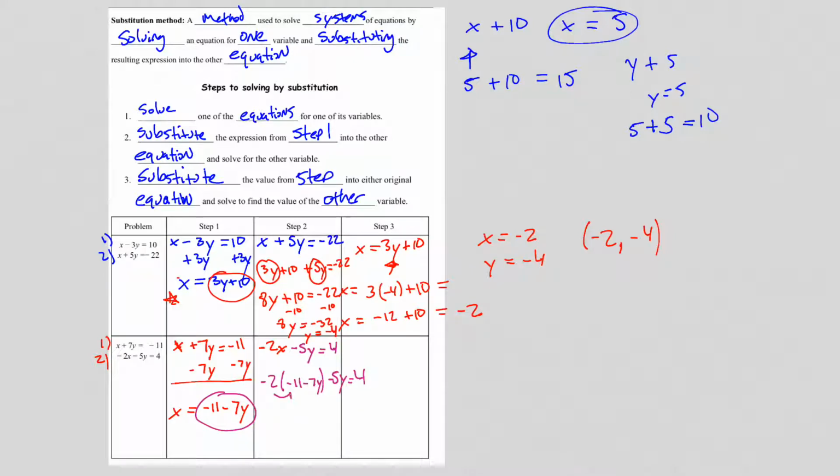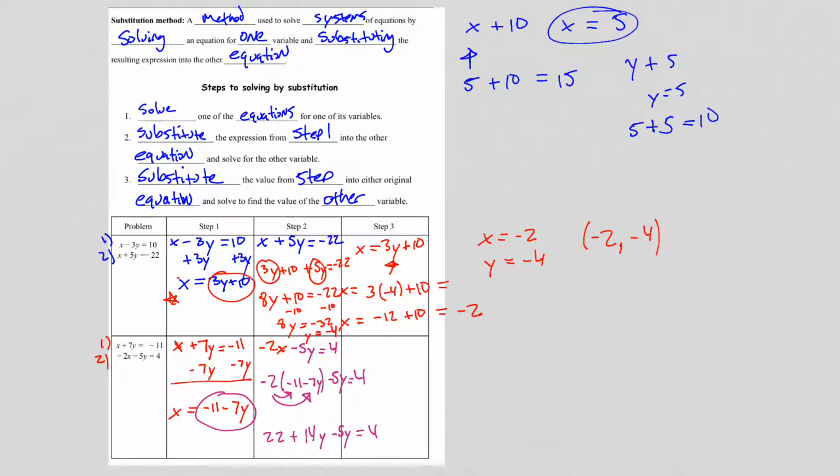From here, I have to distribute the multiplication. Negative 2 times negative 11 is positive 22. Negative 2 times negative 7y is positive 14y. All that, not plus, it should be minus 5y, still equal to 4. Well, 14 minus 5 is 9y.